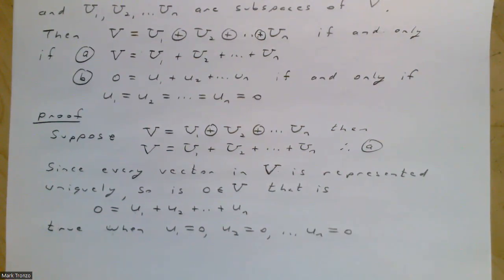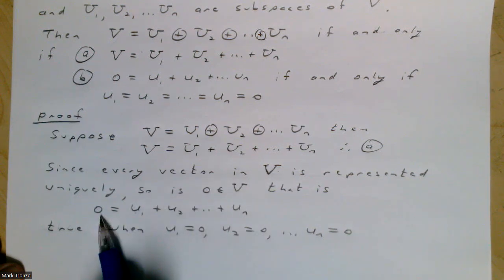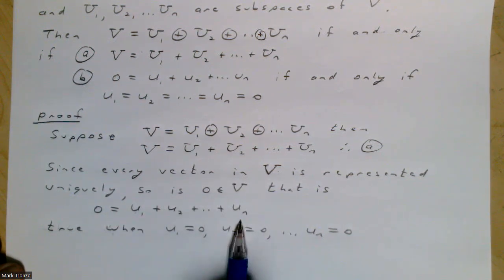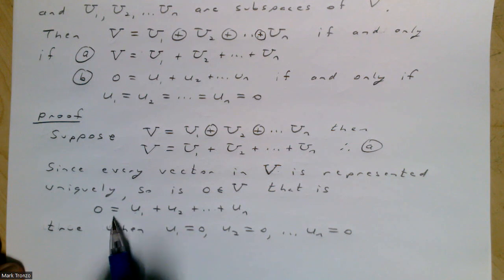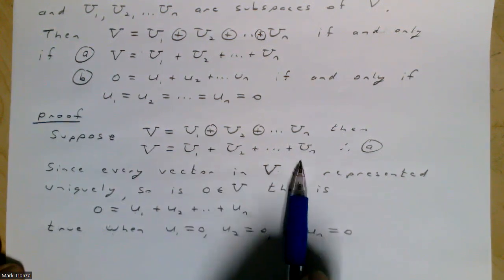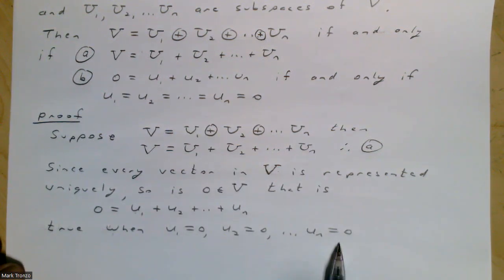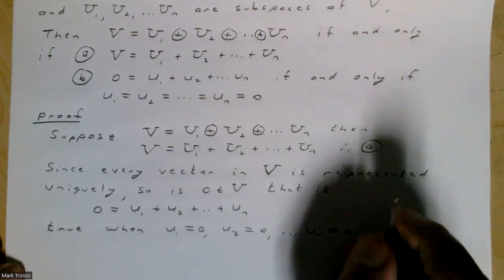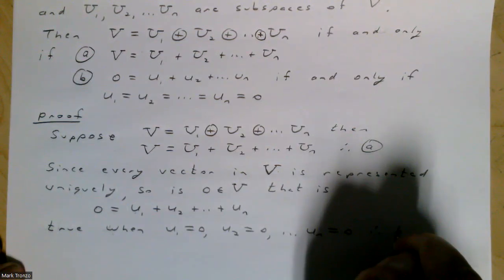But since it's unique, then that's the only way they can be represented, because remember, this 0 is going to be represented uniquely, and we know that you will get 0, this equal to 0, when these are 0. And because, once again, these are subspaces, we know that 0 is in each of these. So therefore, that's the only way this can be represented. So therefore, that proves part B.